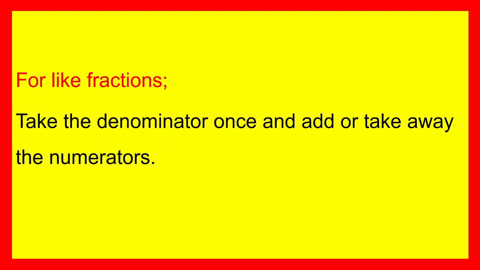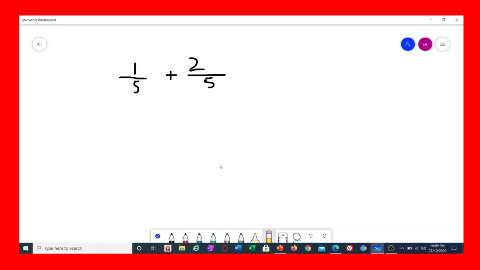It is easy. We just take the denominator which is common and the same in both fractions and simply add. If it is an addition problem, simply add the numerators, not the denominators. And if it is a takeaway problem, we take away the numerators.